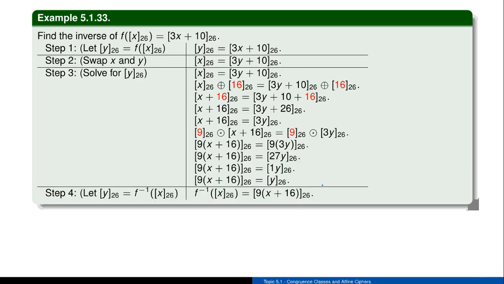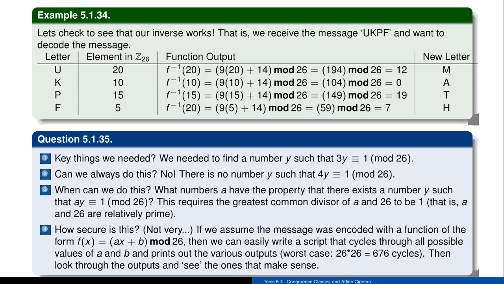What's nice about this is that once you have this thing, here's my actual algebra computation. Once you actually have this, you can run that exact same argument to see if it has done the decoding process successfully. So I can take that message UKPF, which was that secret message, quote unquote, that I've received. I can feed it those numerical equivalencies.